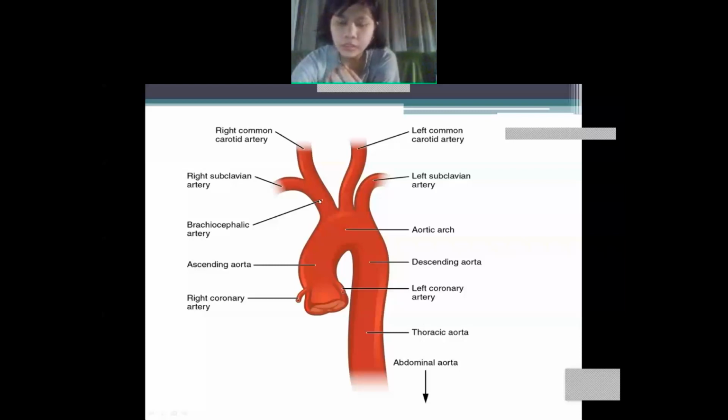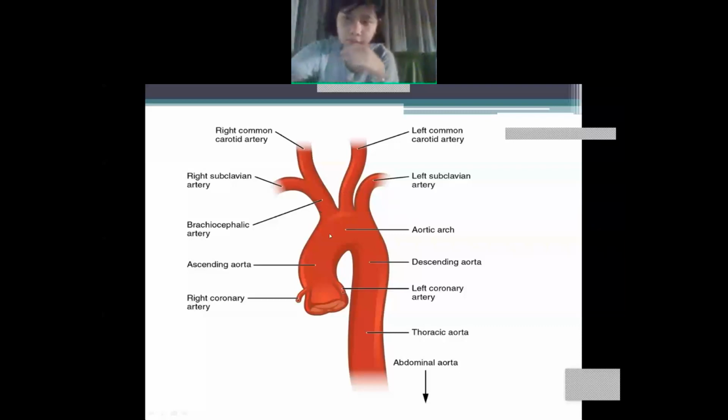The first one is the brachiocephalic artery. Next is the left common carotid artery, and the next is the left subclavian artery. So these are the three branches that you will find in the arch of the aorta.